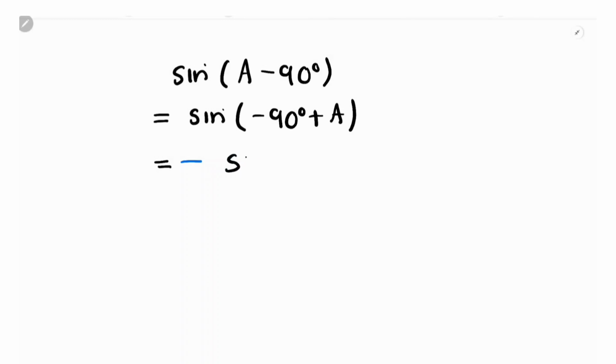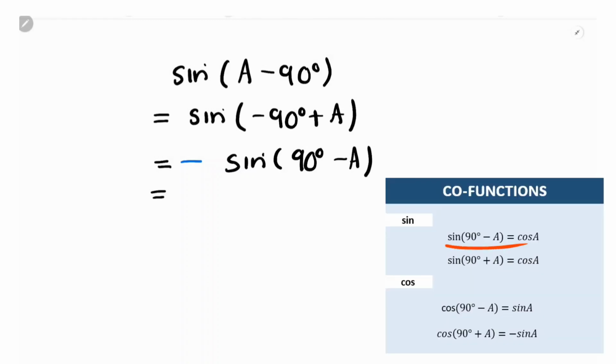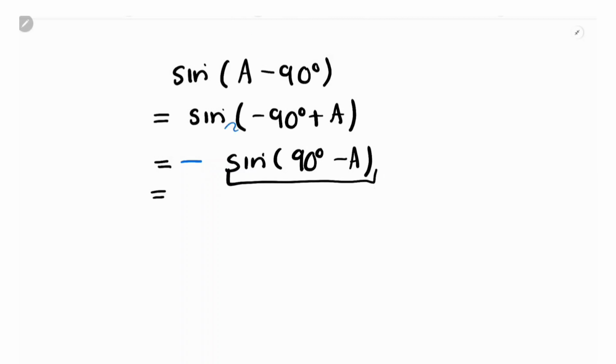So then we would have sine, and then this now becomes a positive 90 degrees, and this becomes a negative A. And then they would notice that sine of 90 degrees minus A is a cofunction, and so it's going to be equal to cos of A. So because we still have that negative there, they'll say this is equal to negative cos of A.